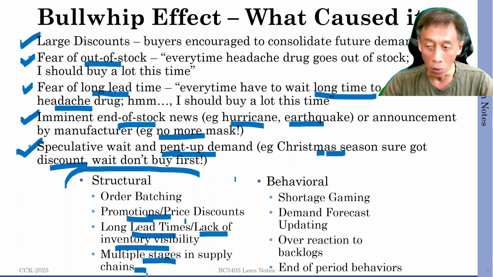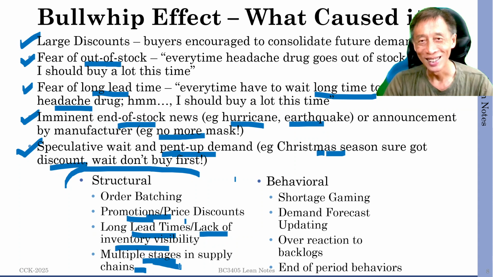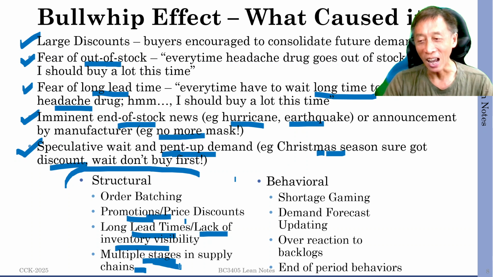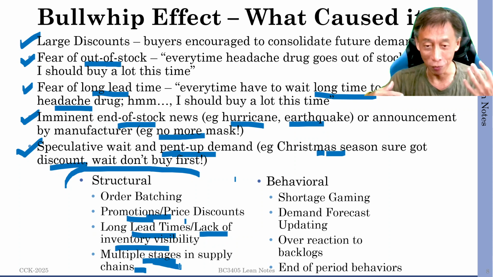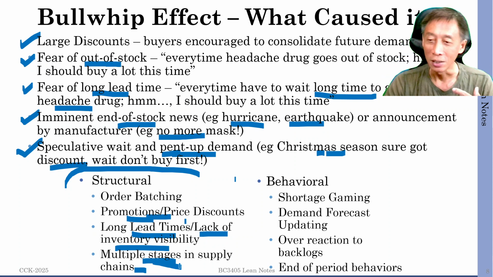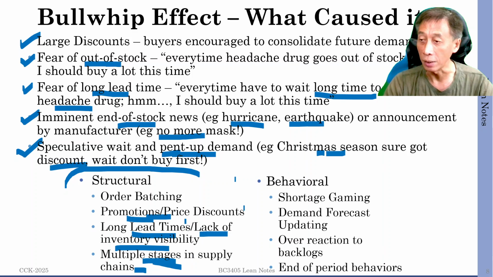When you have more stages, it just means everyone has their own lead time. So having more stages also implies longer lead time because you add up all the lead times, right? Having further delays because any one delay will lead to the final delay in the final delivery. So all these things will be problematic.